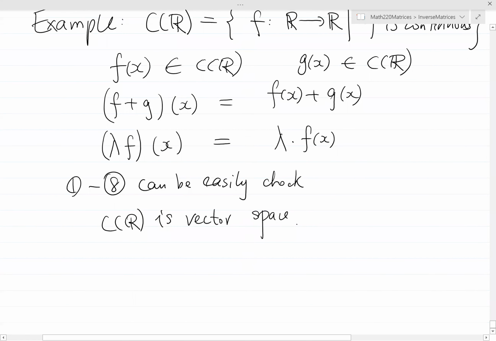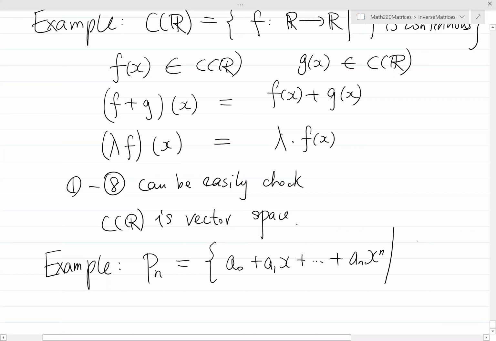Now maybe another example: polynomials of degree less than n. Let's define Pn to be the collection of polynomials that have degree less than or equal to n. Here x is a variable, a_i is in R for i from 0 all the way to n, so the coefficients can be 0.